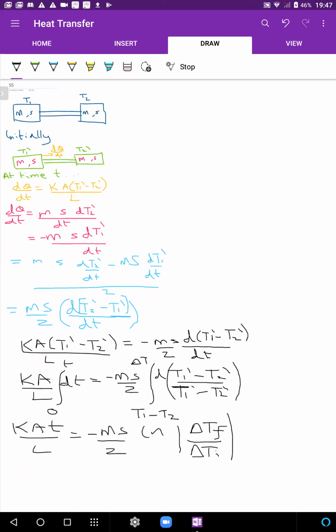You can make it e raised to, and the final answer would look something like this. So delta T final is delta T initial, which is, by the way, T1 minus T2, e raised to minus, taking this to the other side, 2 KAT by LMS.